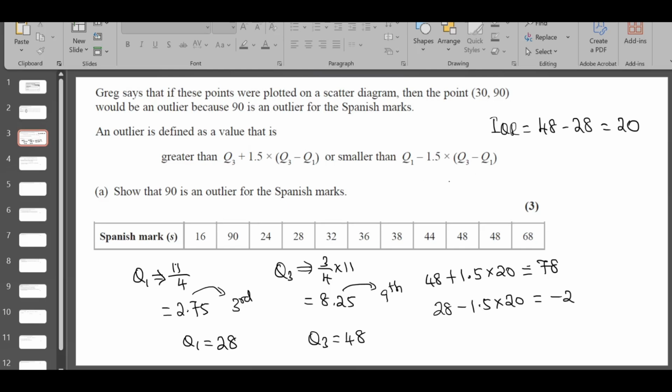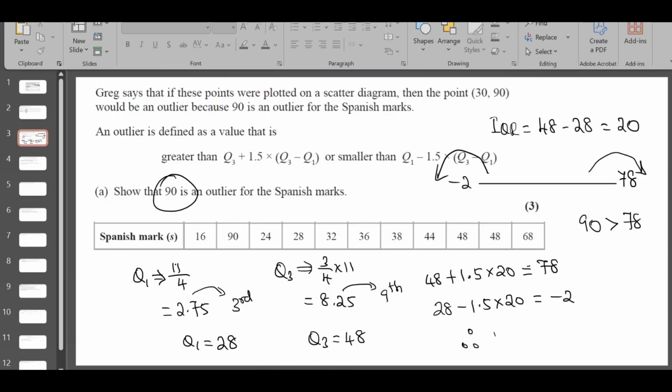So this is the range, minus 2 to 78. If a value lies outside this range, smaller than minus 2 or bigger than 78, it's an outlier. They are talking about 90, so you need to write 90 is bigger than 78, therefore 90 is an outlier. That's how you write the conclusion.